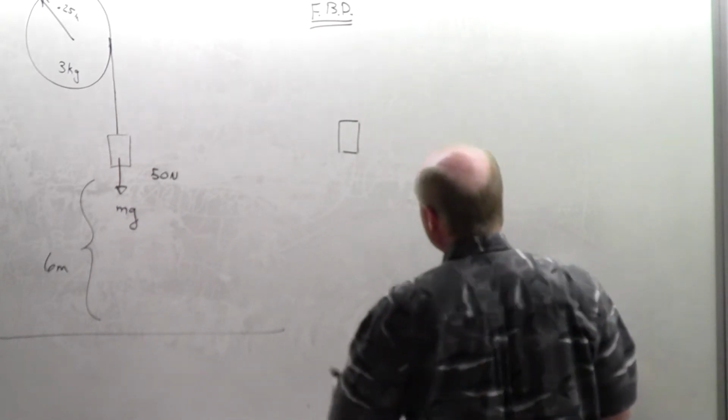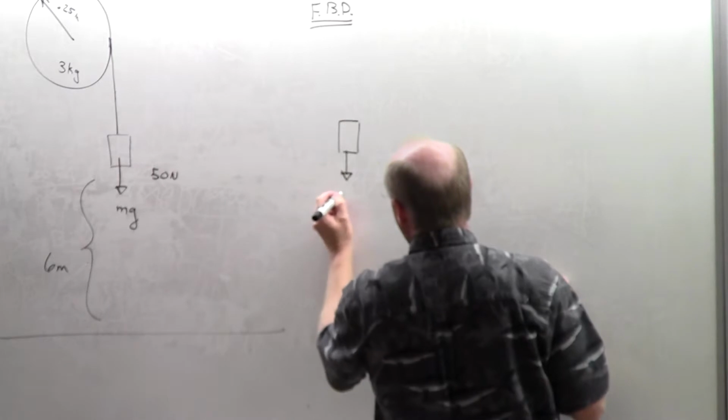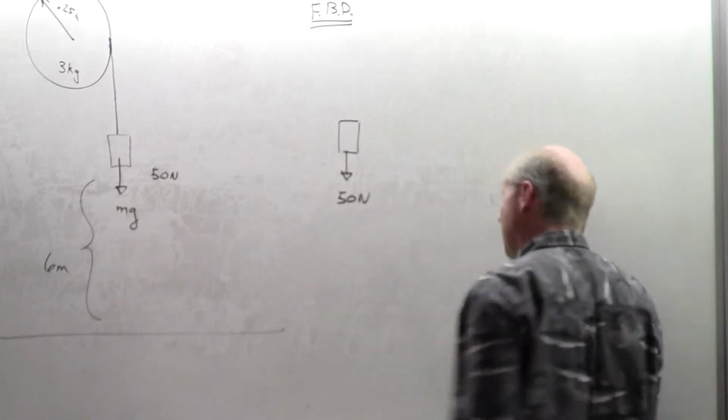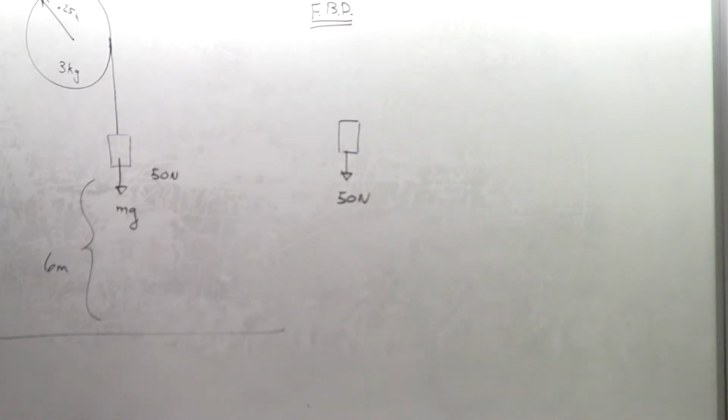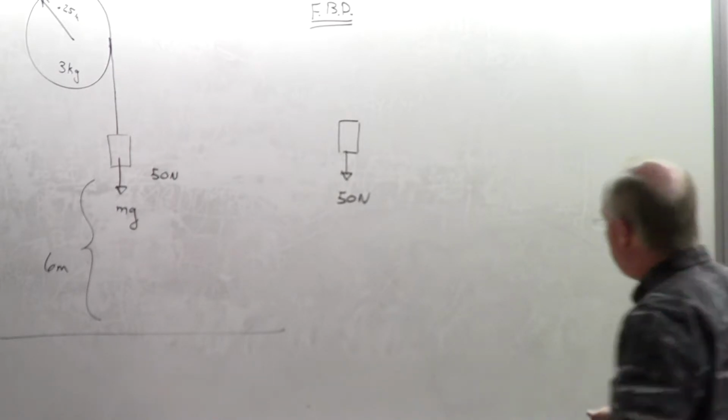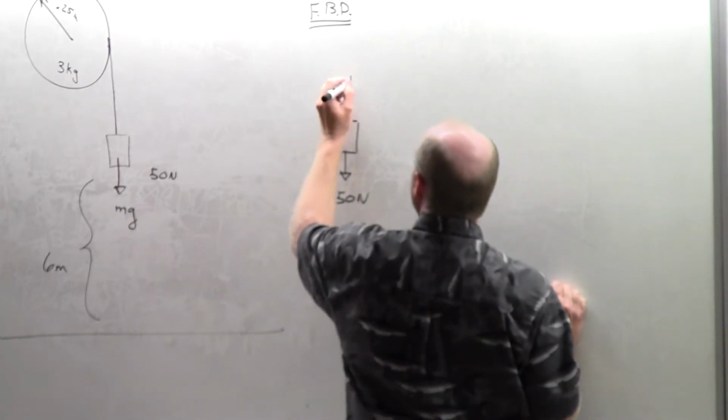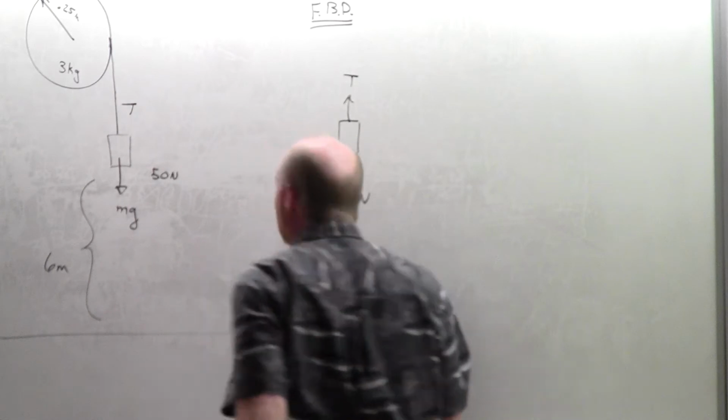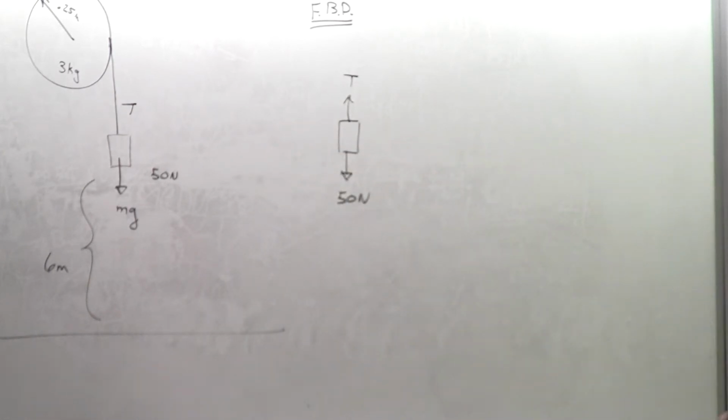As I draw the free body diagram, I would say it's being pulled down with a force of 50 newtons, and that was given in the problem. It's being pulled up with a tension of T, and that is part of the question. What is the tension in that cord? Yeah, what is the tension, what is the acceleration, what is the speed? So there's my free body diagram here.